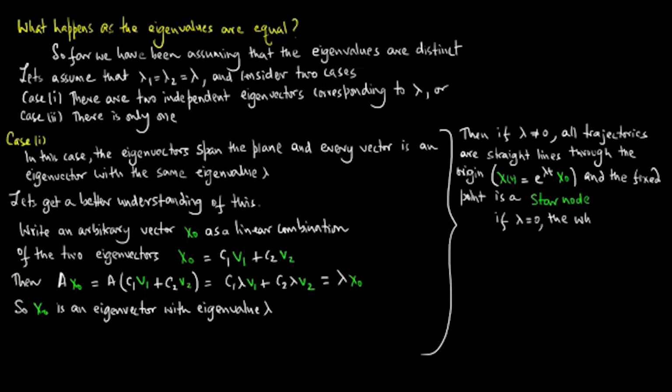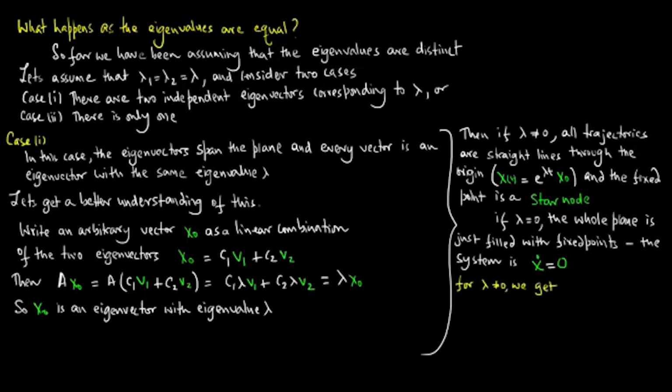If lambda is equal to 0, the whole plane is simply filled with fixed points. The system is x dot equals 0. For lambda not equal to 0, we get the following phase portrait, where we essentially have straight lines flowing through the origin and the point is a star node.